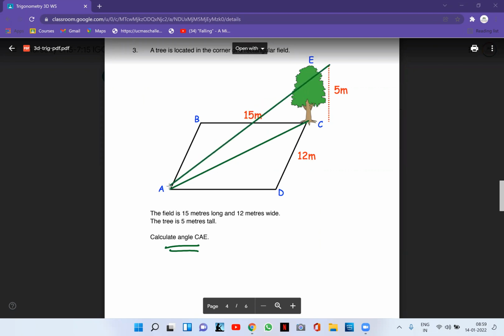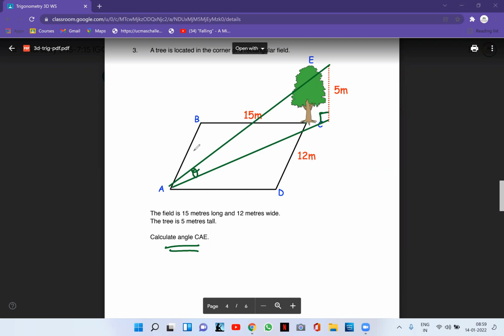If I draw a line like this, this is my CAE. This shape clearly indicates that this is a right angle. We know that EC is 5 meters. I want to find this CAE, so this is my theta.